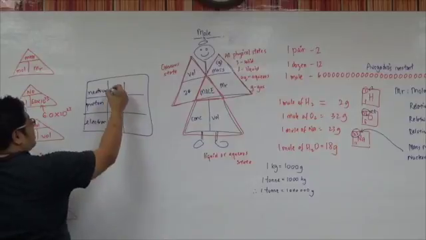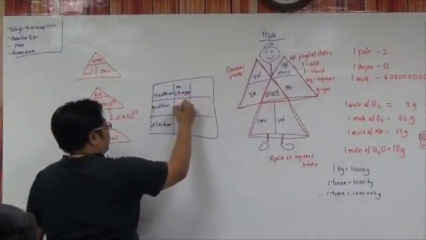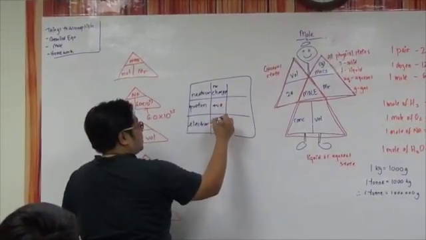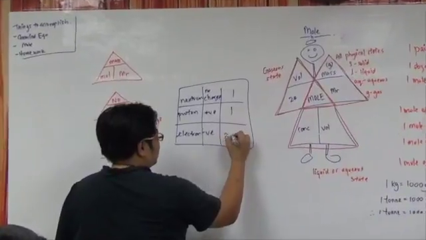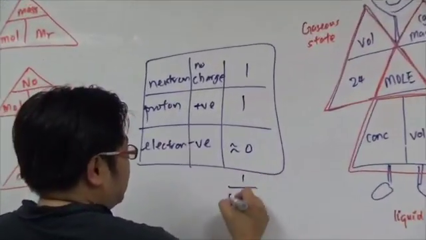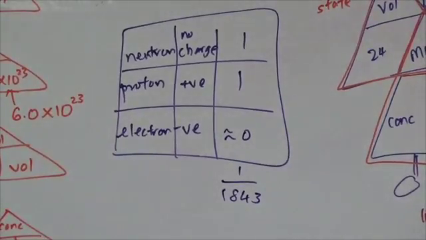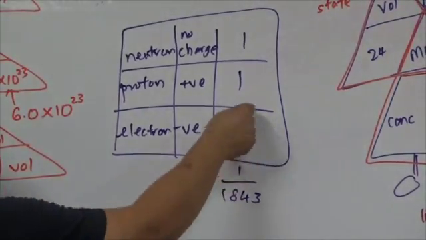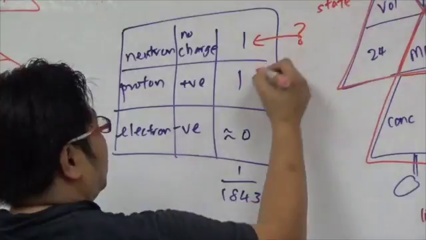We say that this one has no charge, this one has a positive charge, this one has a negative charge. This mass is 1, this mass is 1, and this mass is close to 0, actually 1 over 1843, but in O levels, 0 is accepted. But why is it 1?